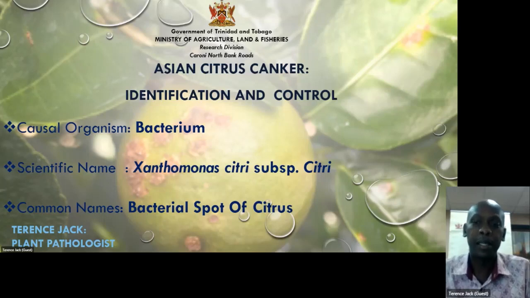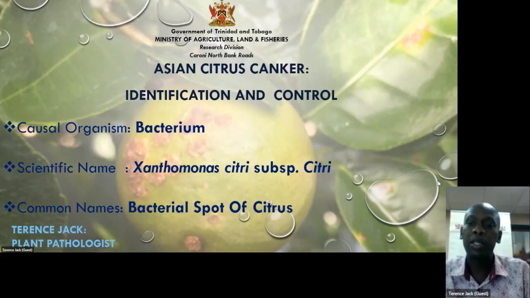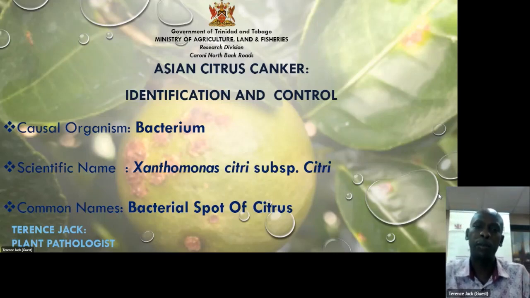But further to that, the management of citrus canker is to be taken in context with other diseases that have affected us in the recent past, such as huanglongbing or citrus greening, which we detected in and about 2016-2017. Also in the 1990s, we detected citrus tristeza virus. Also in Trinidad, we have present citrus scab, citrus greasy spot, and citrus anthracnose.